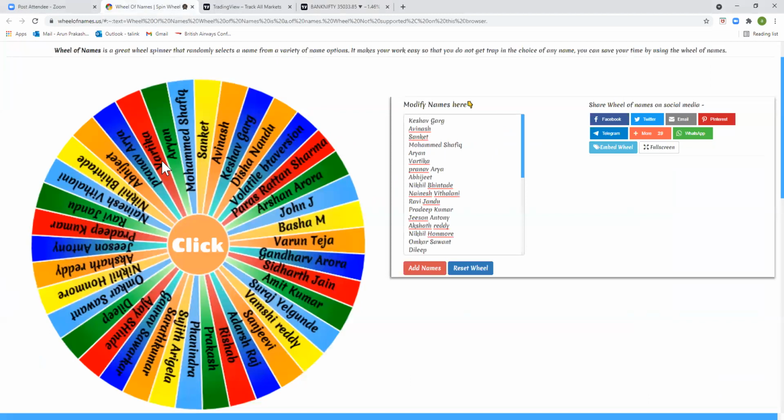So I'll just spin this wheel. According to the name it displays, you can just unmute yourself and speak so that everyone will be getting a chance. Since it's a general session about price action trading, I hope most of you might have similar doubts, or someone would have already mentioned a particular stock name.